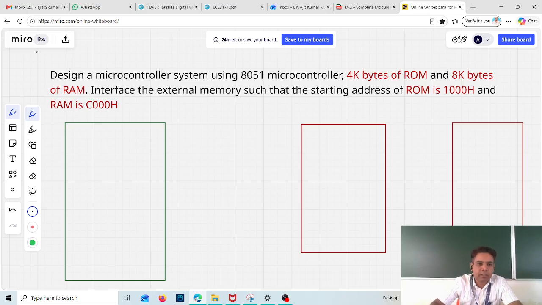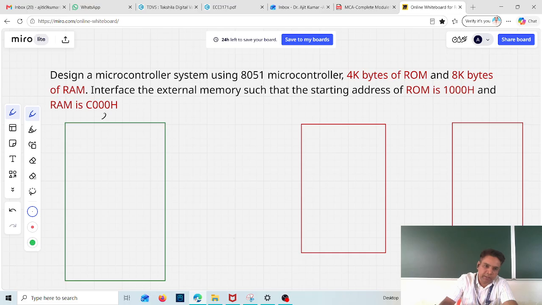We have to design a microcontroller system using the 8051 microcontroller, 4 kilobytes of ROM, and 8 kilobytes of RAM, interfacing the external memory such that the starting address of ROM is 100H and RAM is 300H. Here the starting address is given and we have to interface this 8051.